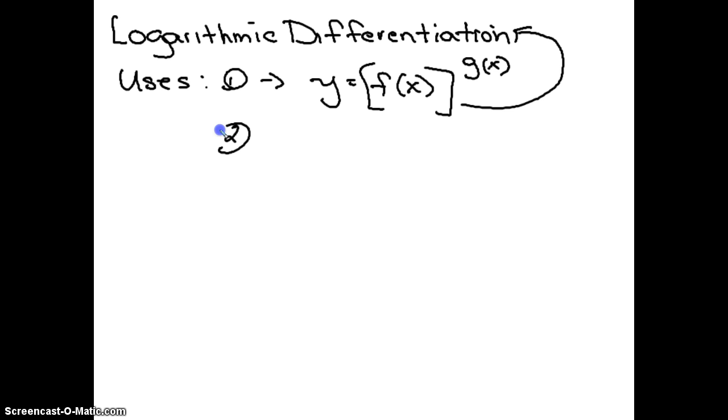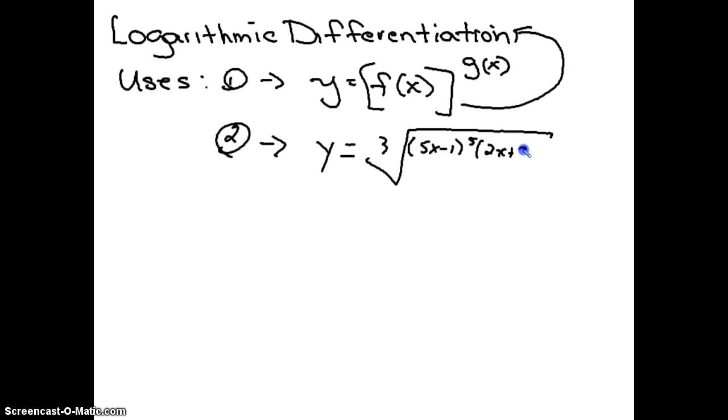And the second one is when you get an algebraic function that's just ridiculous, like the cube root of (5x minus 1) to the 5th times (2x plus 3) to the 4th over (3x minus 1) to the 7th and (2x plus 9) to the 10th.